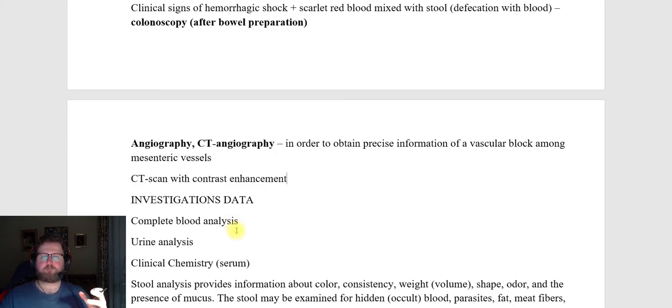You need to verify this information. You need to see what the spread of this peritonitis is, what organs are involved, or maybe there is another source of peritonitis, for example perforation of a large intestine tumor, or a complicated case of gastric cancer, or any other reason which causes peritonitis.